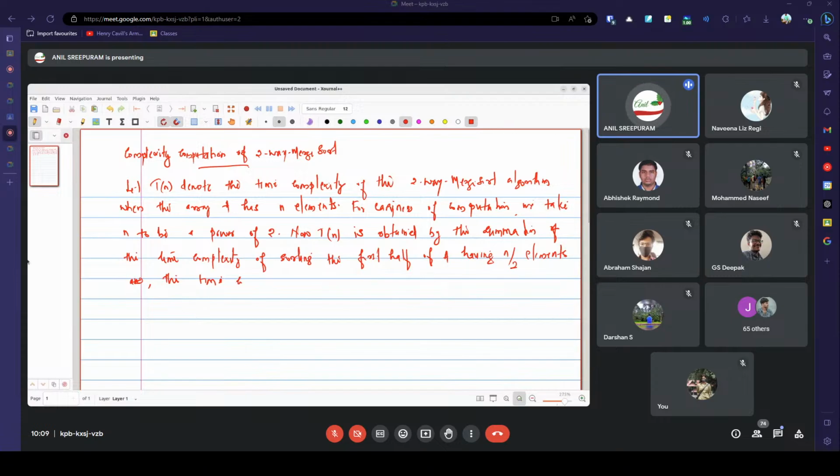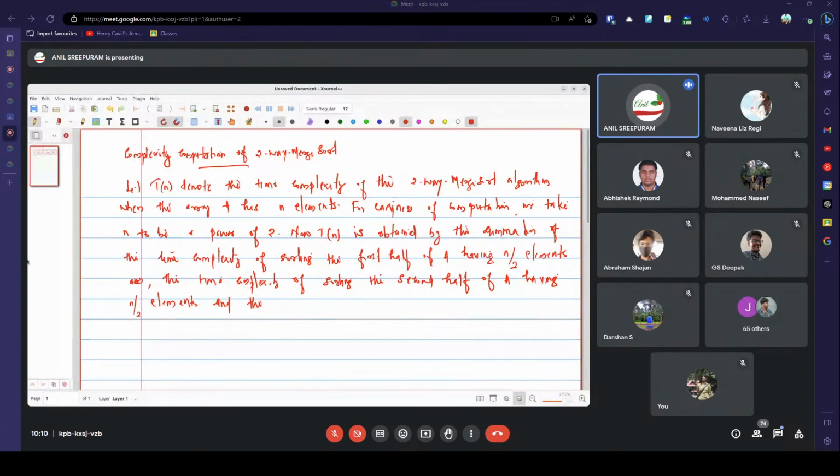Then there is another half: time complexity of sorting the second half of A having n by 2 elements. So now you have sorted the two halves and then you need to merge, and the time complexity of merging.